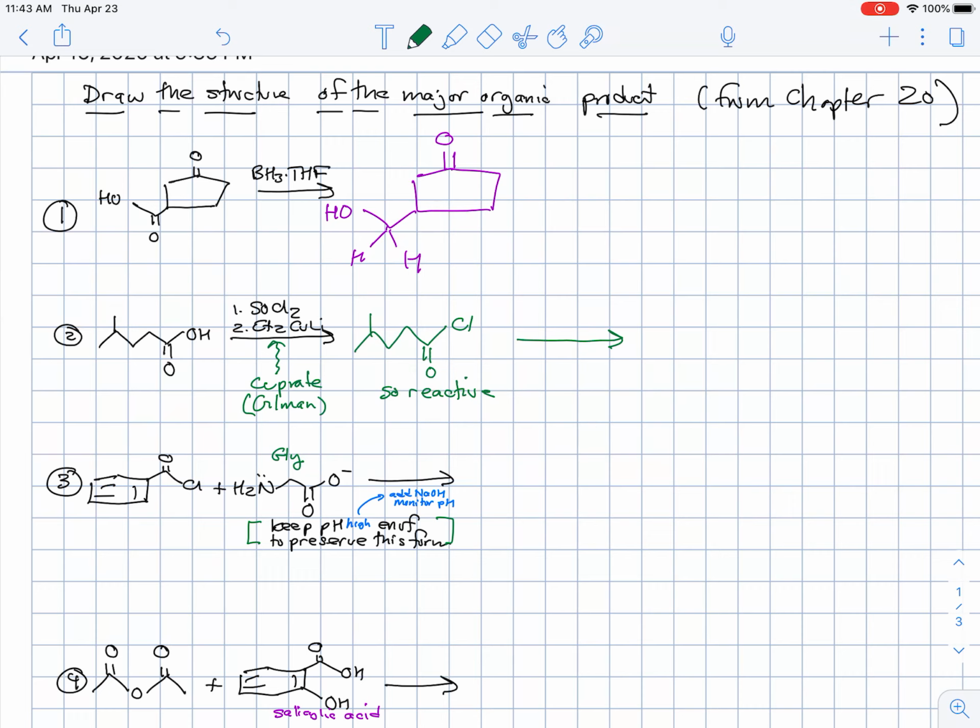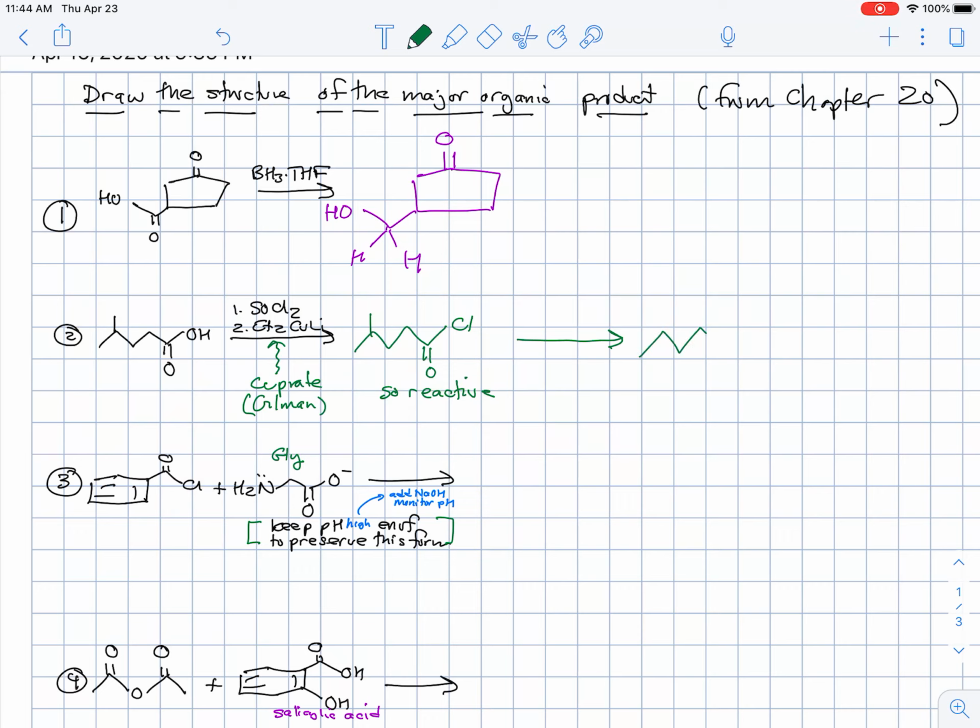Copper isn't as electropositive as magnesium, so they're less reactive than Grignards. So that combination means that the cuprate will react with the acid chloride, but it won't react with the ketone. That's the first formed product.